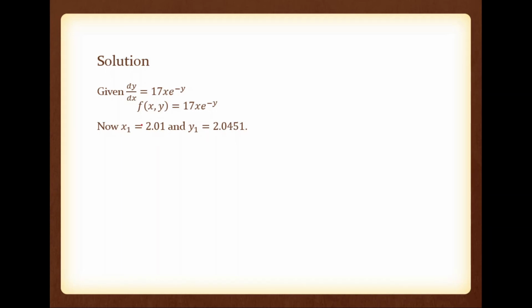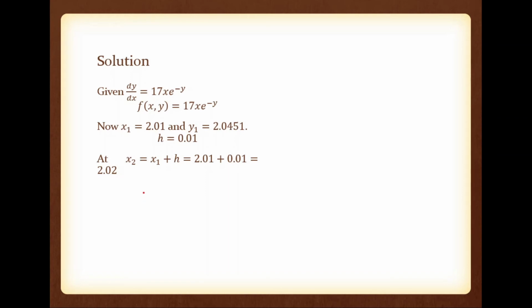The previous answer is the initial condition of new execution. Now what is h? h is equal to 0.01. So now what is the next value of x? x2 is equal to x1 plus h, that is 2.01 plus 0.01, that is equal to 2.02. So this is new x.